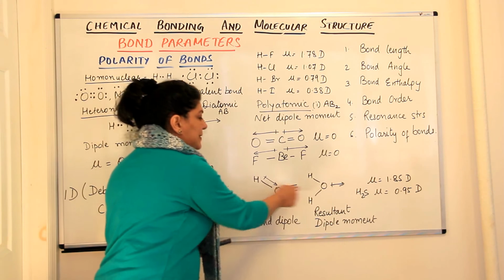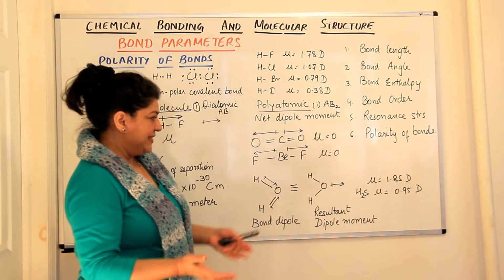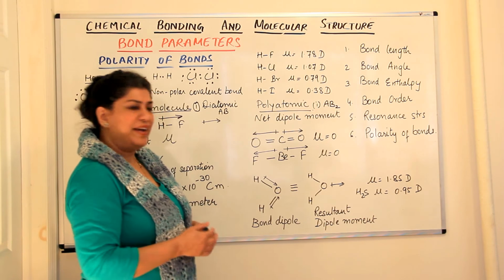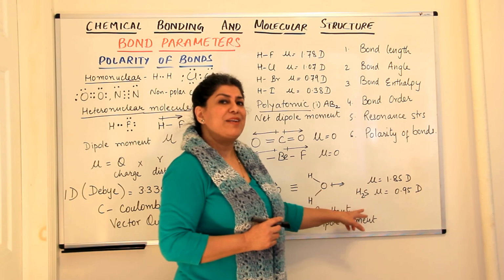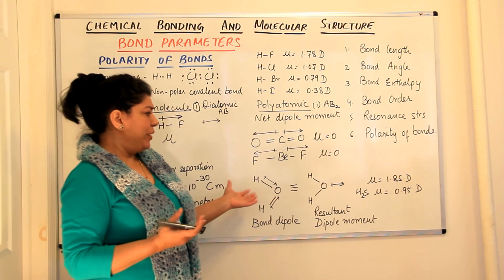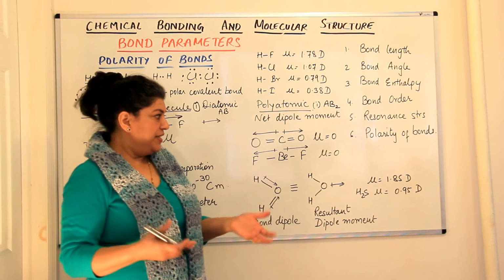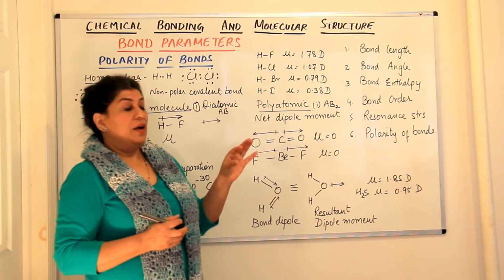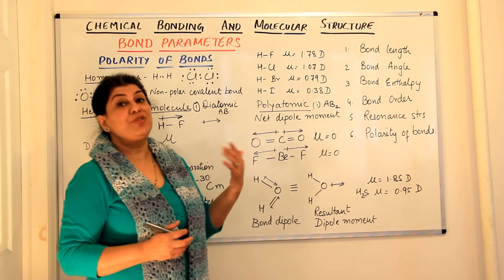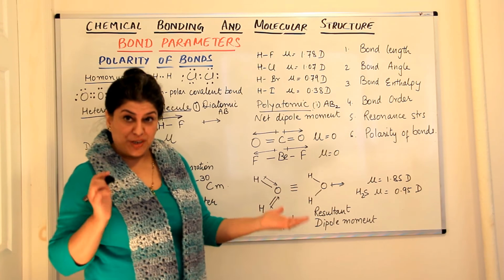H2S has exactly the same structure again. It has a net dipole moment of 0.95 D. Now I'd ask you, why is the dipole moment of H2S less than that of water, although they seem to have the same structure? The reason is that sulfur is less electronegative than oxygen. Oxygen is more electronegative, so charge separation is more.